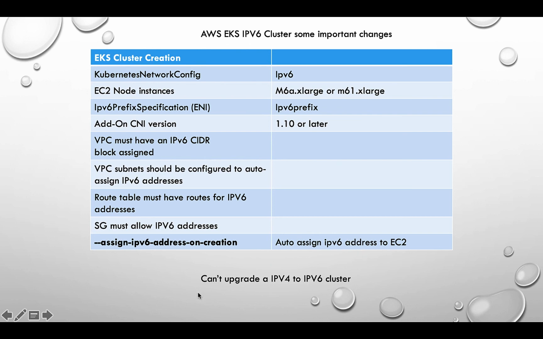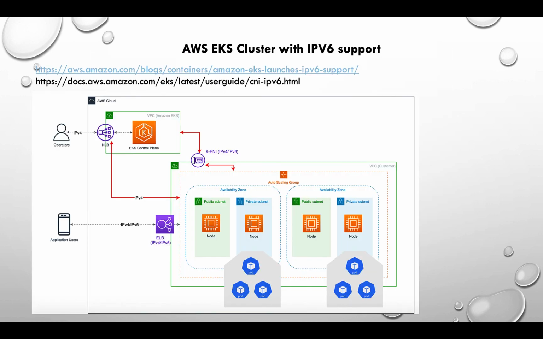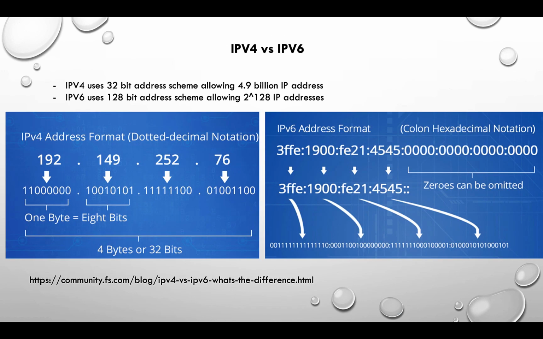One thing that is not allowed is upgrade. There is no way to upgrade a v4 cluster to v6. So that's pretty much it. This was just an overview of why we need IPv6 and what we need in the AWS EKS world if we want to set up a new cluster.